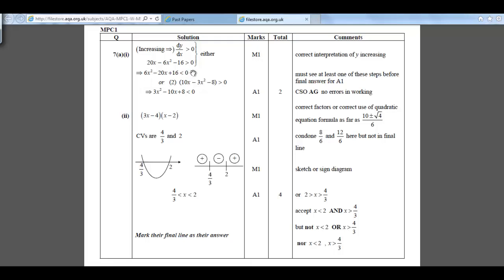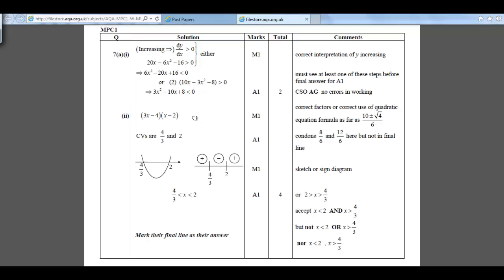Multiply by minus 1 and flip the sign, and then factorize, or divide by 2 essentially. You must see at least one of these steps. Correct solution only. Got to get to the answer given, no errors in the working, no mistakes. We're at question 7 now, so they're being quite strict about that.